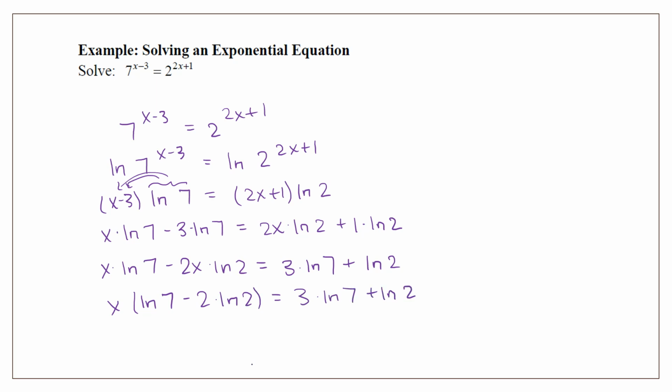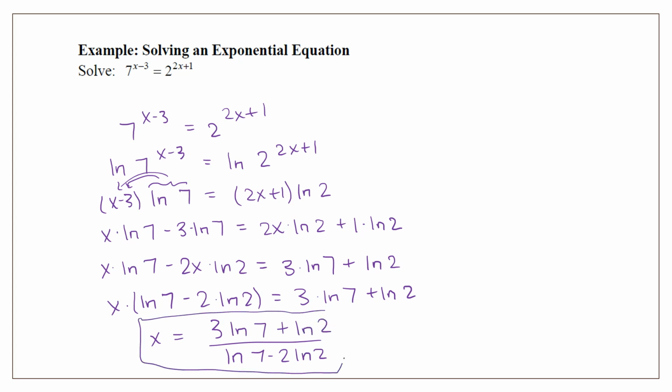So to get x by itself, I can now divide both sides by the natural log of 7 minus 2 times the natural log of 2. And now I have an expression for the value of x, and I can enter that into my calculator to get an approximated decimal value for x. That's how you solve this exponential equation.